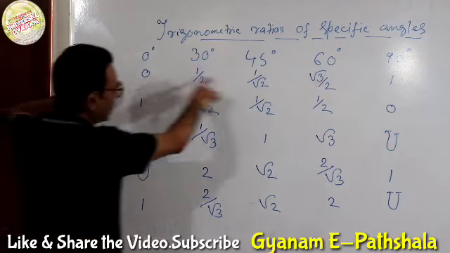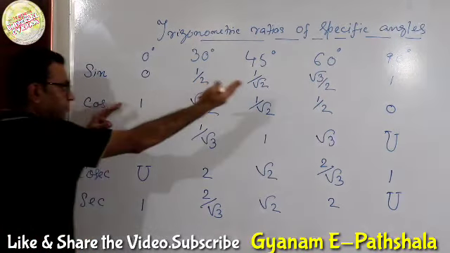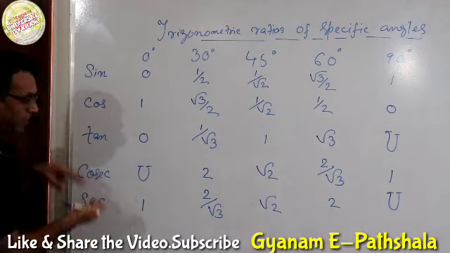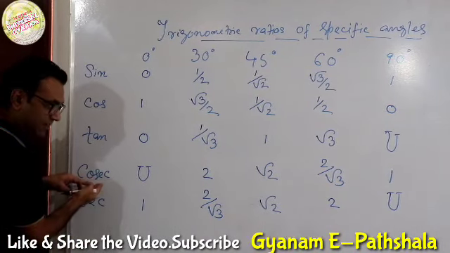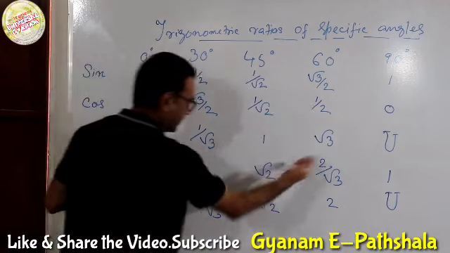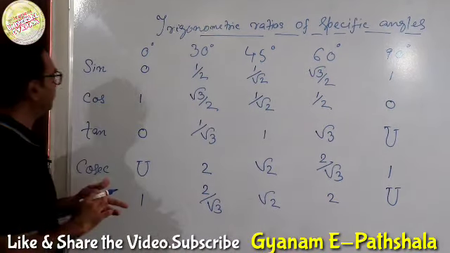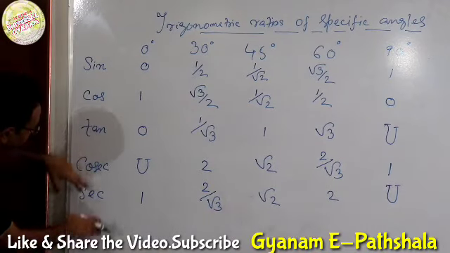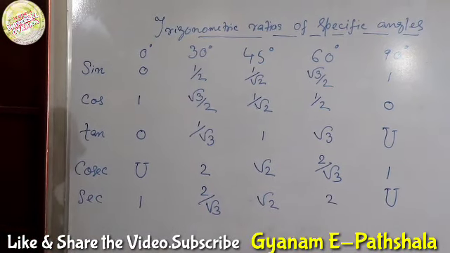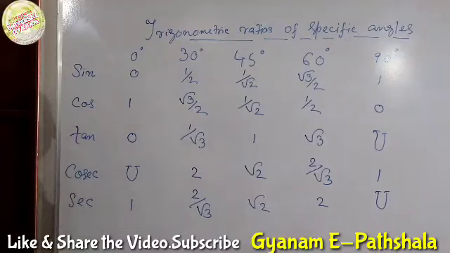Once you remember sine, you remember cos by reversing the sequence. If you remember cosec, you can reverse the sequence and get the values of sec. That's the trick. But the trick essentially is about remembering sine and then going to all the other trigonometric ratios of these specific angles.